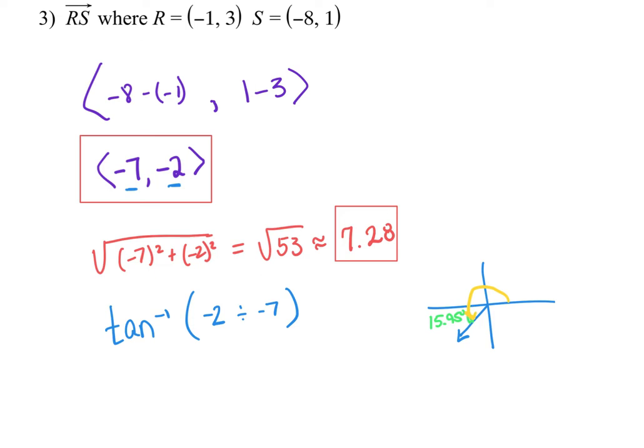So you have to take 180 and add 15.95. So you should get 195.95 degrees here. So think about what quadrant you're in when you give me that final answer. And those are your 3 answers.